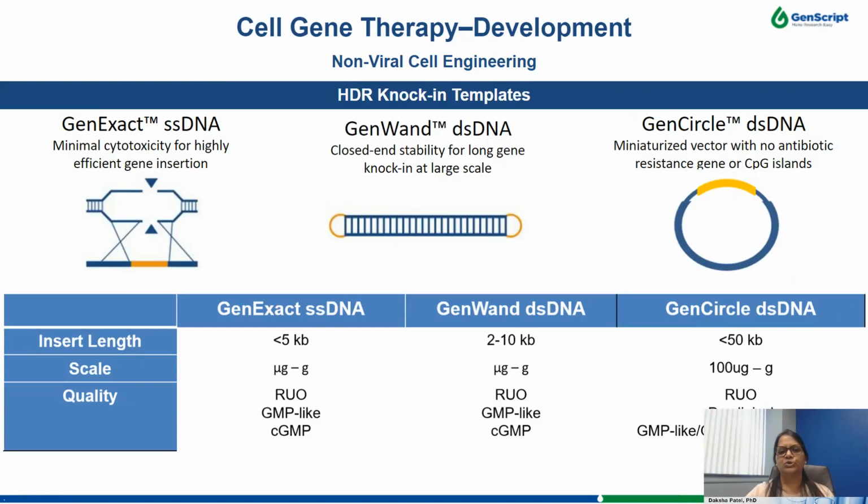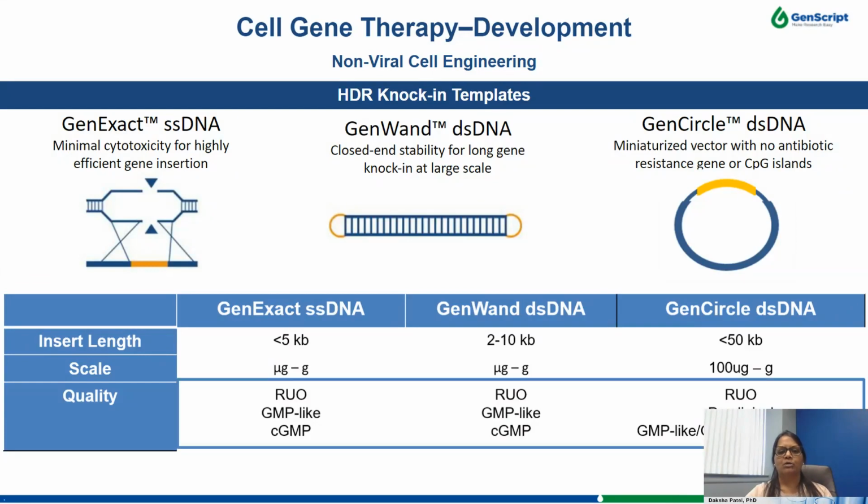Choosing a suitable HDR template is essential. GenScript offers high quality, sequence-verified HDR templates, including GenExtract ssDNA, GenVend dsDNA, and GenCircle dsDNA. They are all available in RUO and GMP-like grades, and each of them has a different insertion length capacity.